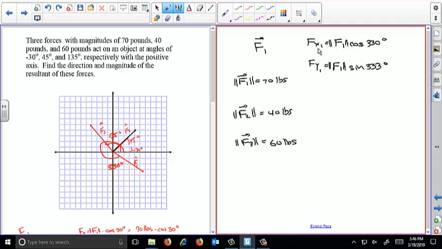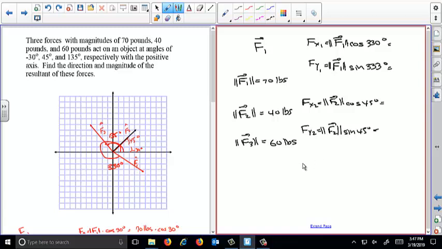Then to find the components, you just take the magnitudes and multiply by the cosine and sine of the angles. So I'm going to just put a space here. F sub x2 is the magnitude of F2 times the cosine of 45 degrees. F sub y2 is the magnitude of F2 times the sine of 45 degrees.